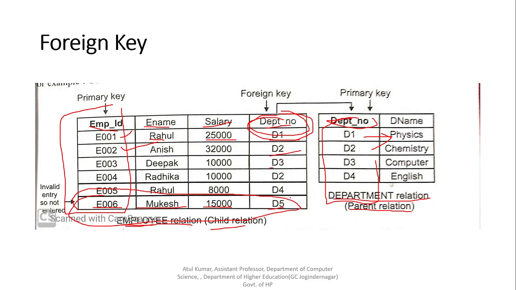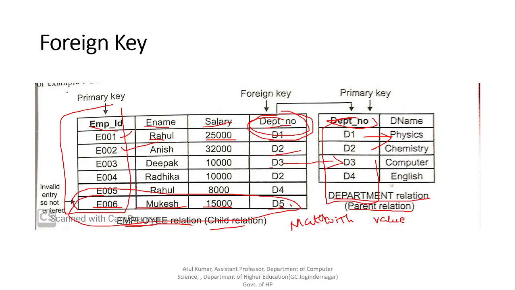So the values of the foreign key in the child relation must match the values of the primary key in the parent relation.